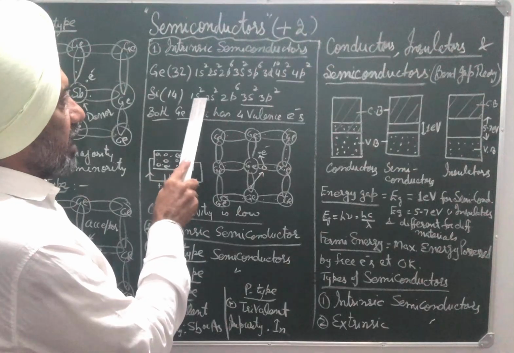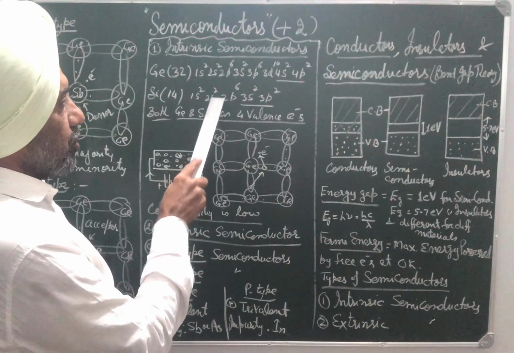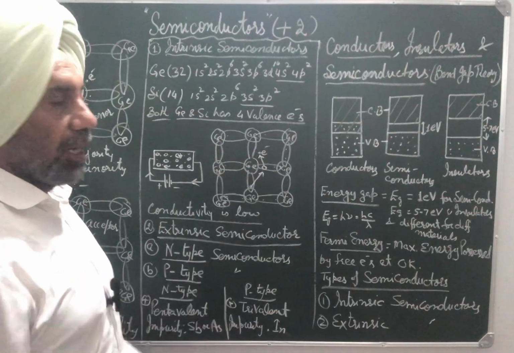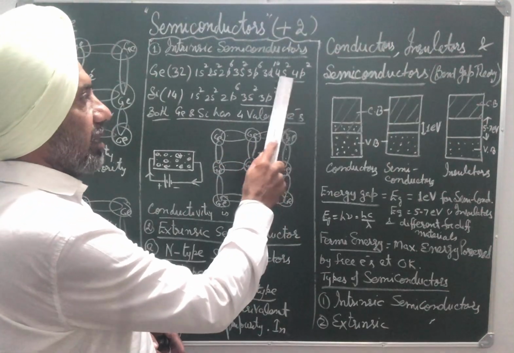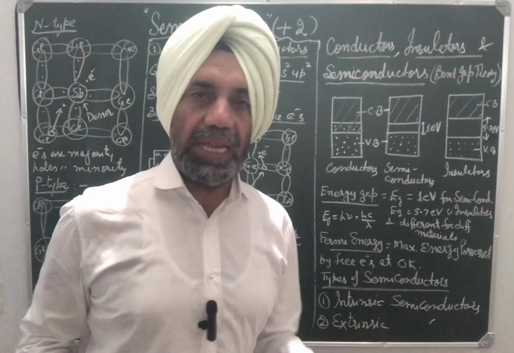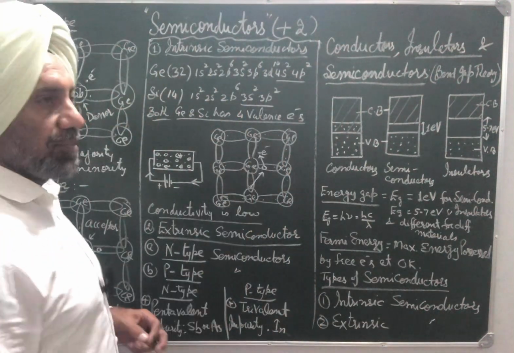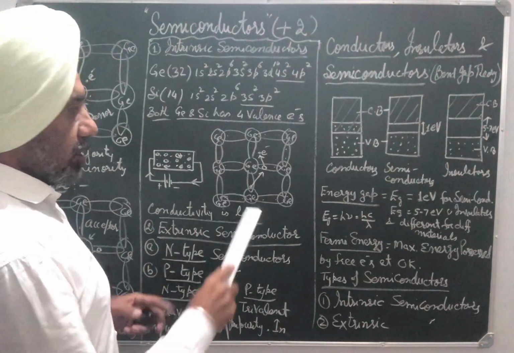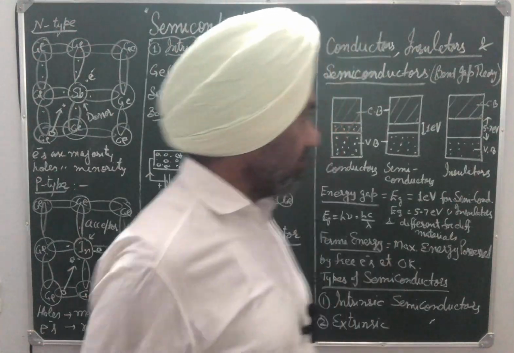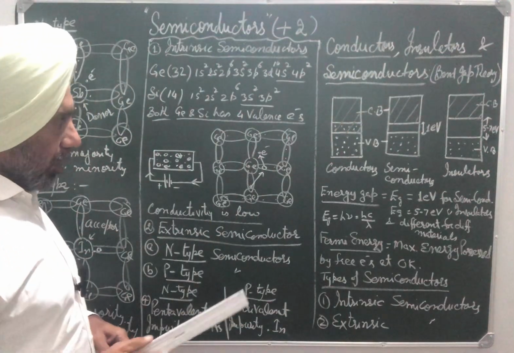Similarly, silicon 14 has the configuration 1s2, 2s2, 2p6, 3s2 and 3p2. And it is clear that both germanium and silicon have 4 valence electrons. That is, they are more stable, as they have an even number of valence electrons.